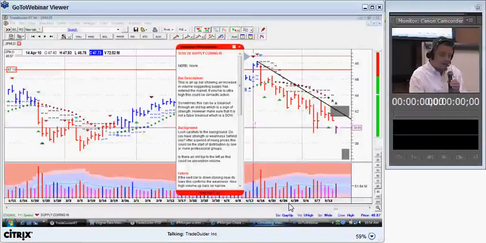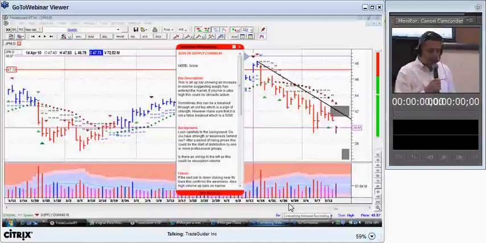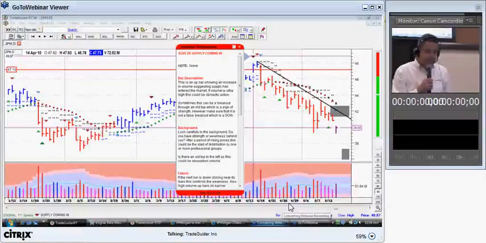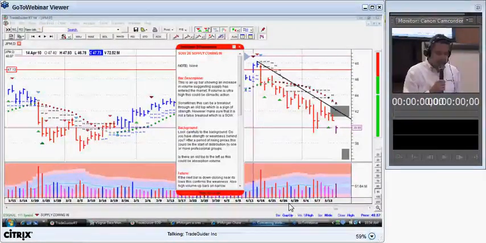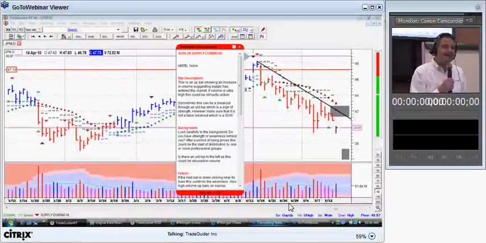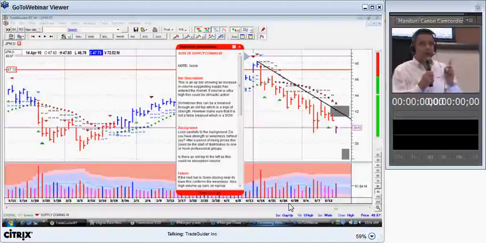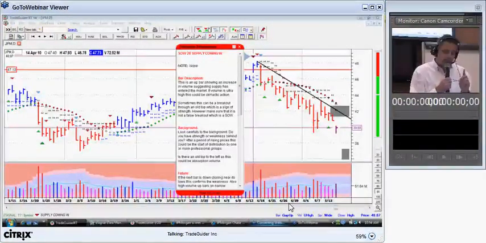And if we read the description that Tom wrote, it says this is an up bar showing an increase in volume, suggesting supply has entered the market. If volume is ultra high, this could be climactic action. When you see ultra high volume bars, they are most often climactic bars, which means a potential change in the trend.